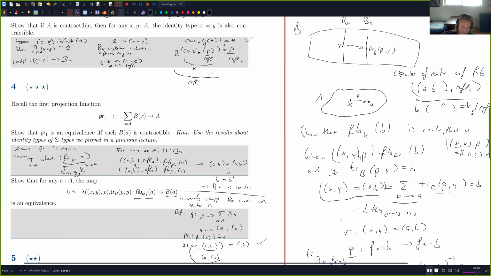So this sort of states that fibers and sigma types are well behaved, or viewed differently, that type families are what you expect them to be.